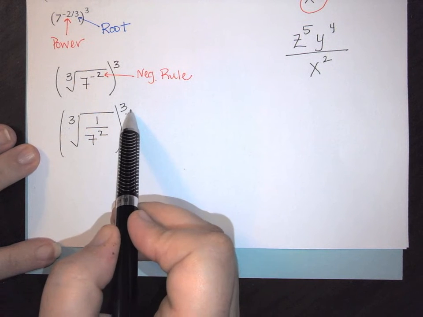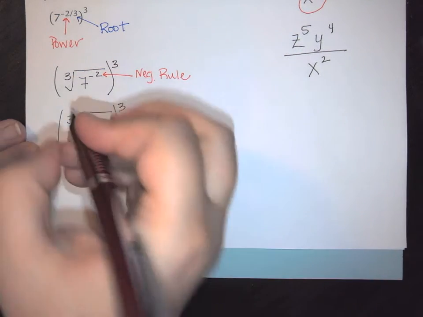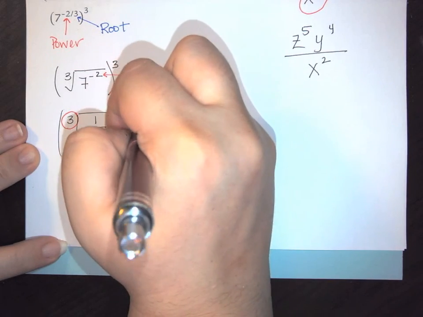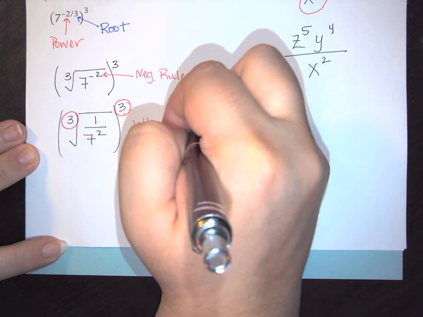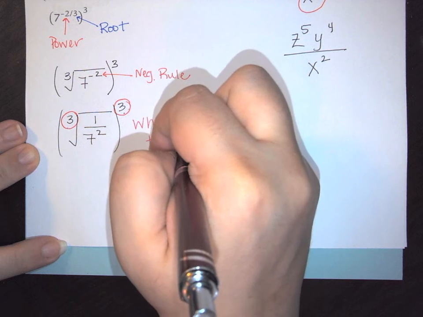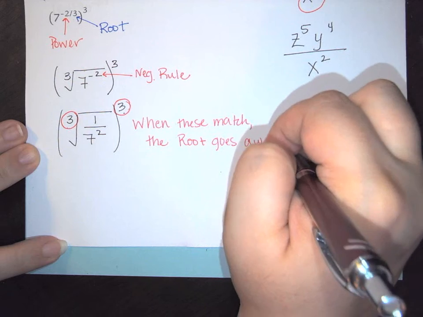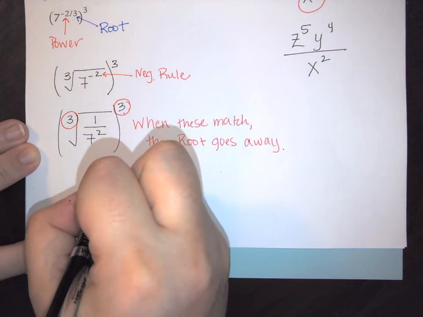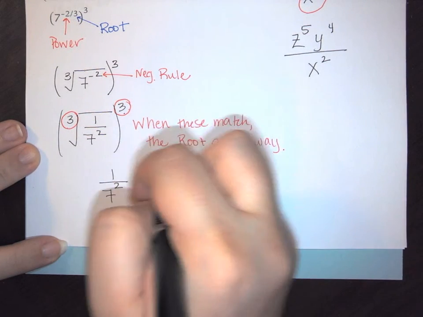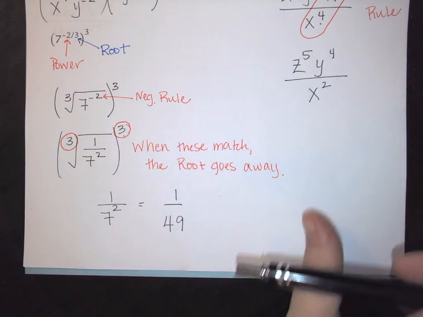So one of the things that we know is that when your root power matches the power it's being taken to, so this is my root power, this is the power I'm being taken to, when these match, the root goes away. So what I'm left with is 1 over 7 squared. Well, 1 over 7 squared is the same as 1 over 49. And that would be your end result for that problem.